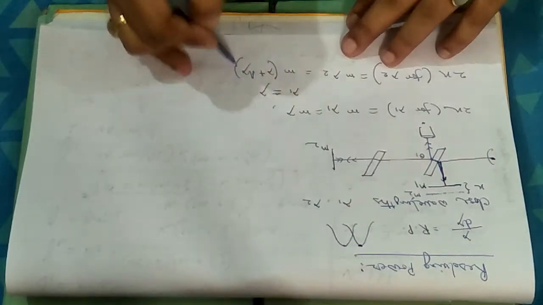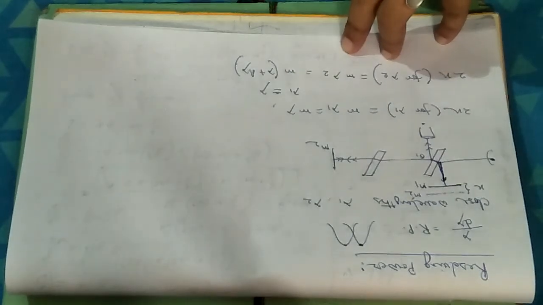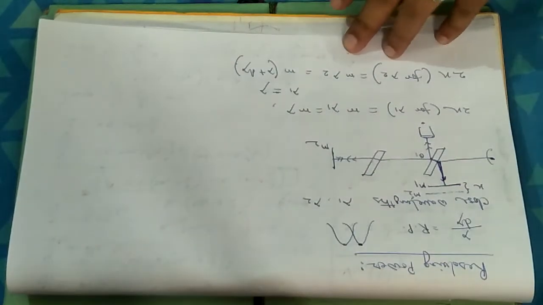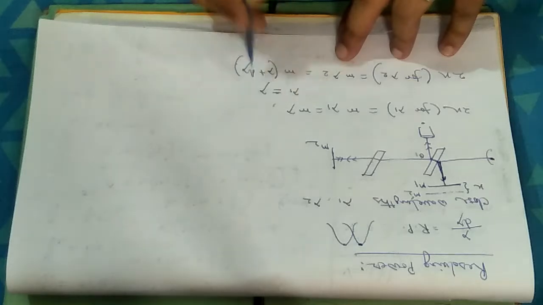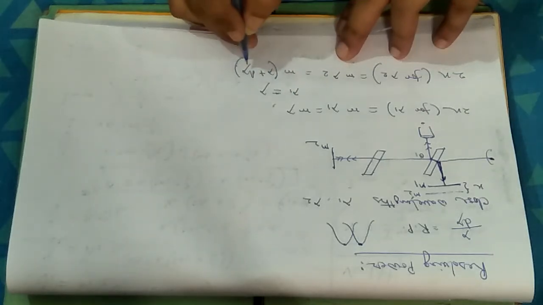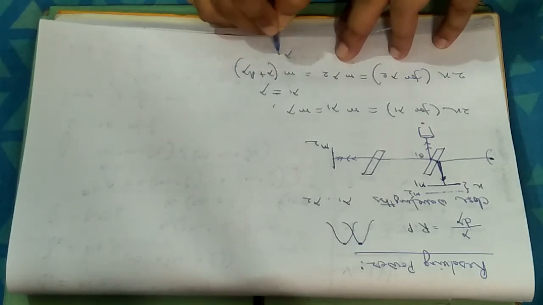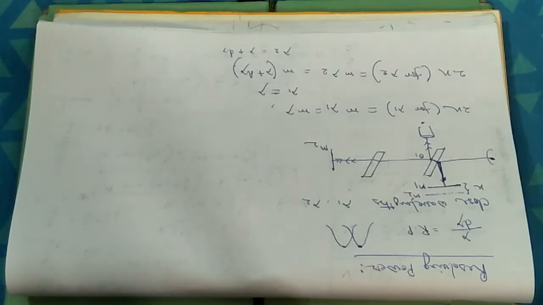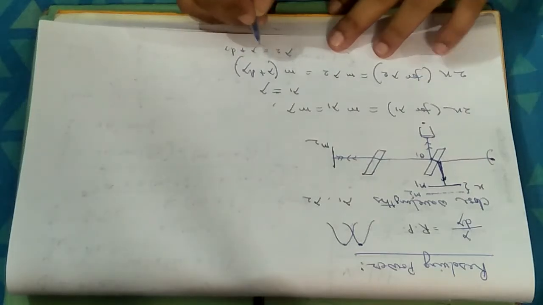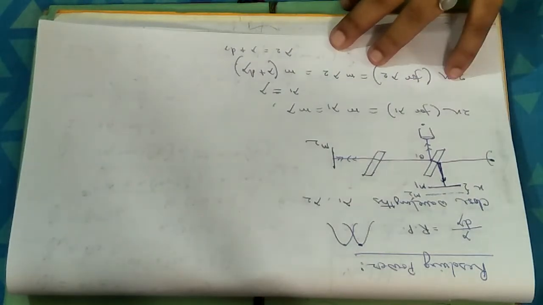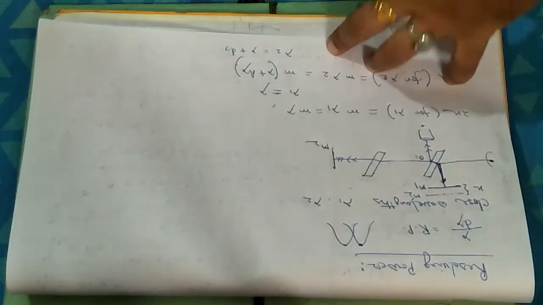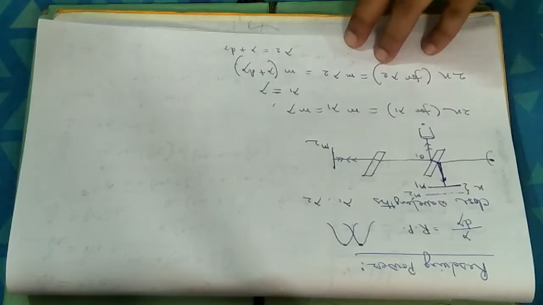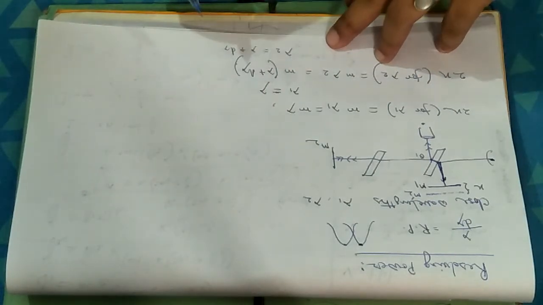because I told already that these are very close wavelengths. I am considering the difference in wavelength is d lambda. So I am considering lambda 2 equals lambda plus d lambda. This is the new consideration. So if they superpose on a particular point, I can equate the equations.